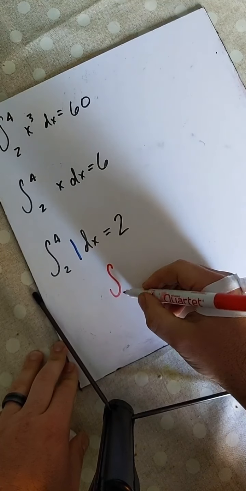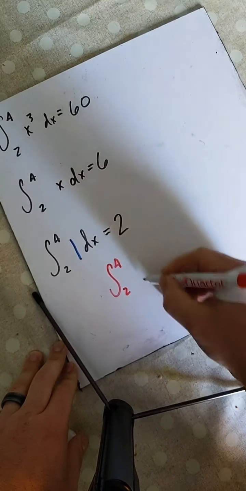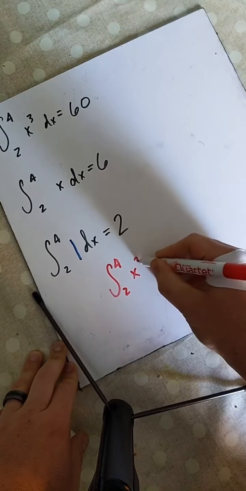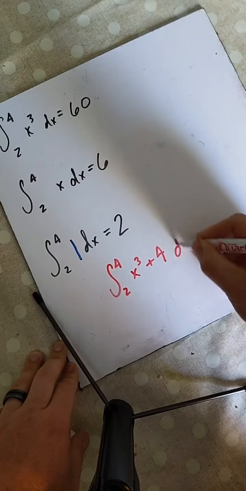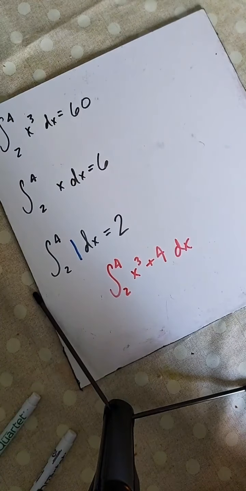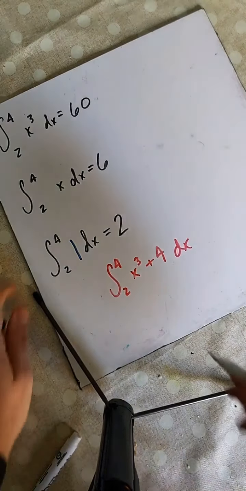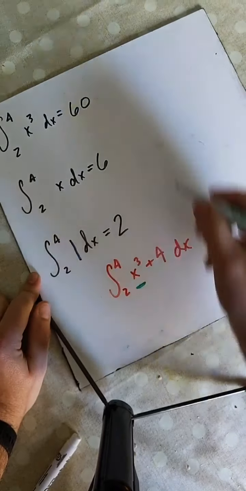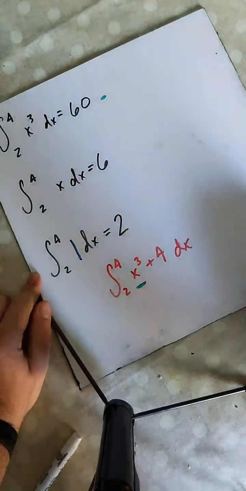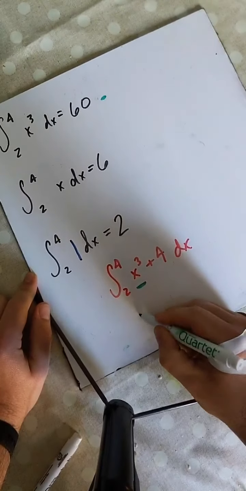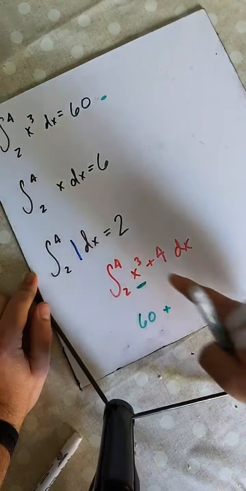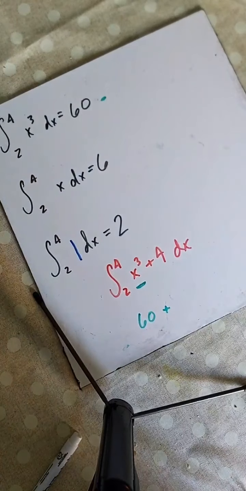All right, if we got the integral from 2 to 4, so all these numbers are staying the same, of x cubed plus 4 dx. Well, what we can do is break this up into just a couple parts. First off, the x cubed is the exact same thing as the x cubed up here. So this part is going to be 60. All right, then we got a plus sign.